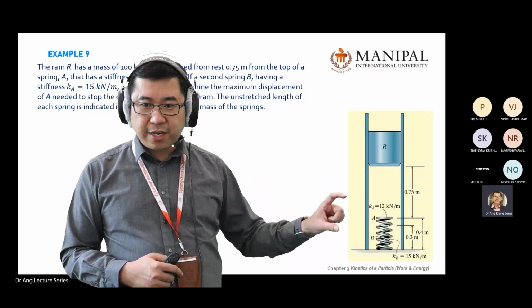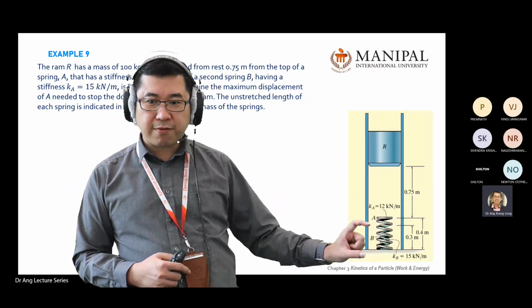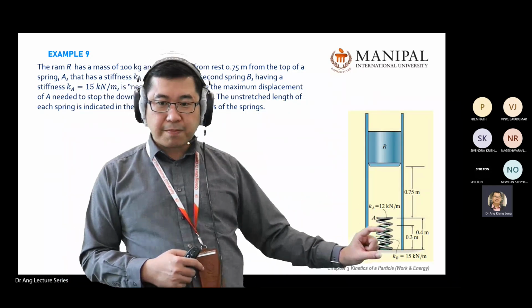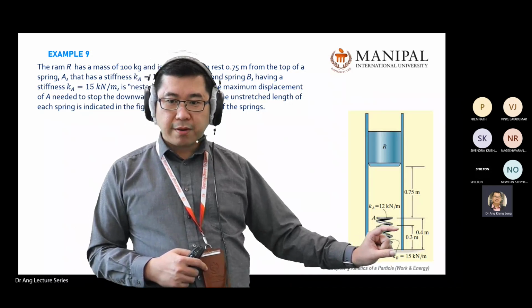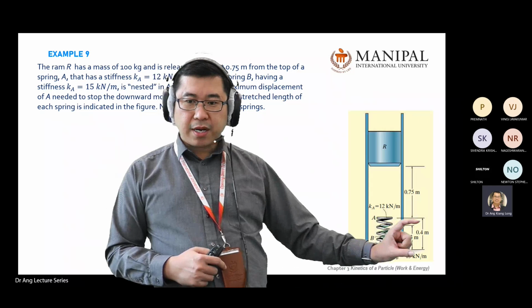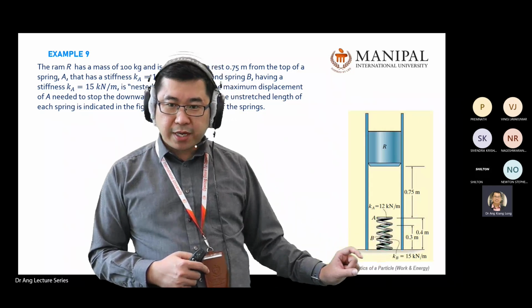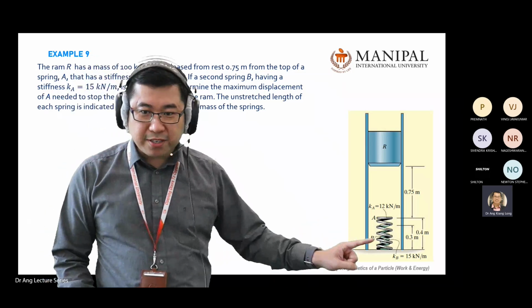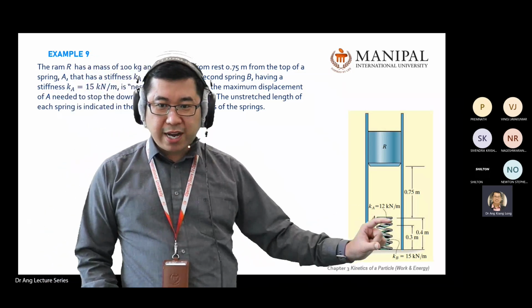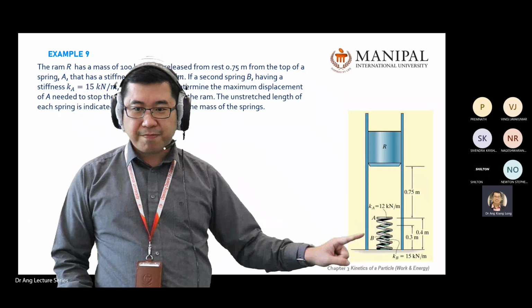And you're given the original height of certain springs. Sorry, for spring B, spring B is inside. So the original height of spring B is 0.3.